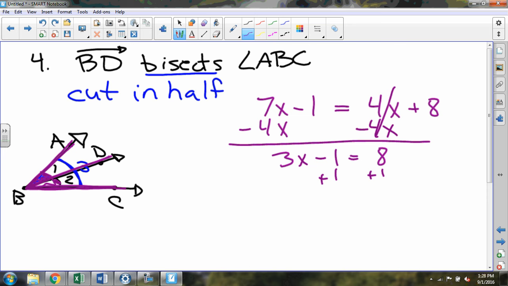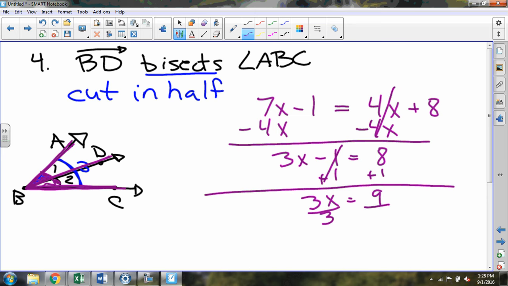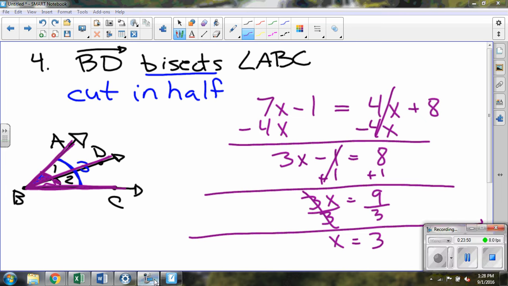Add to undo that piece of subtraction. Dividing by 3 to isolate the x further. We have our result that x is equal to 3. And I'll pause here waiting for people to catch up with the notes.